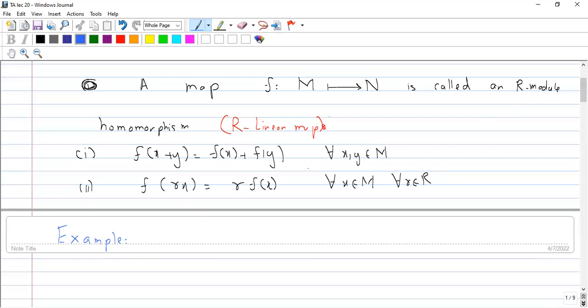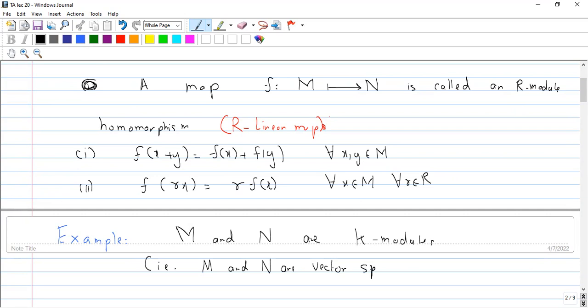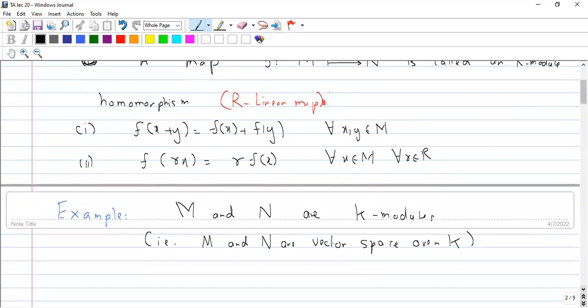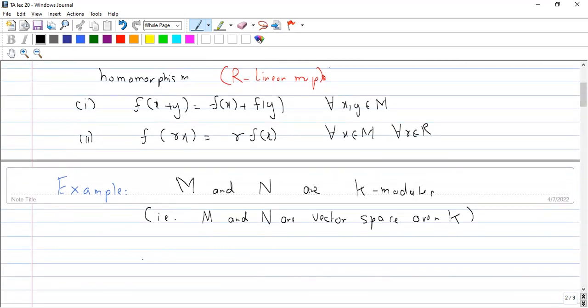Let us see examples. In the examples, if both our modules are K vector spaces, that is, M and N are both vector spaces over K, then in this case a linear map is basically a module homomorphism, because it is a generalization of a linear map.